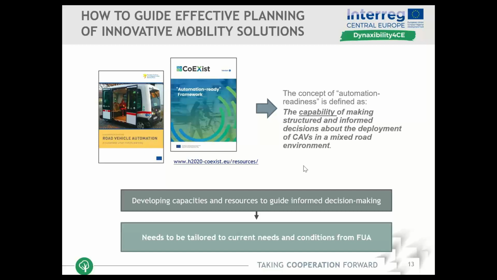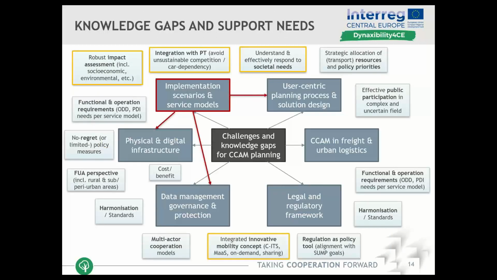Based on this, we performed this gap analysis and learned what were the main areas of support where authorities needed to increase their skills and capacities to be able to address this topic of mobility automation.